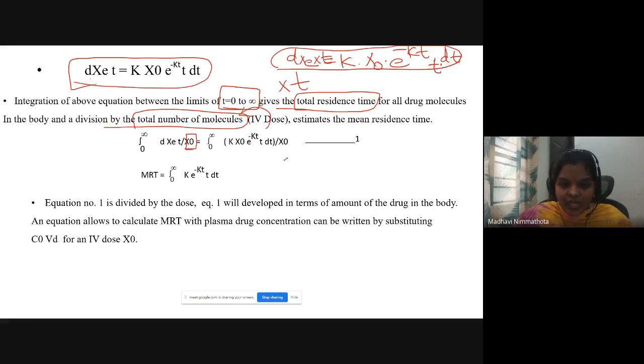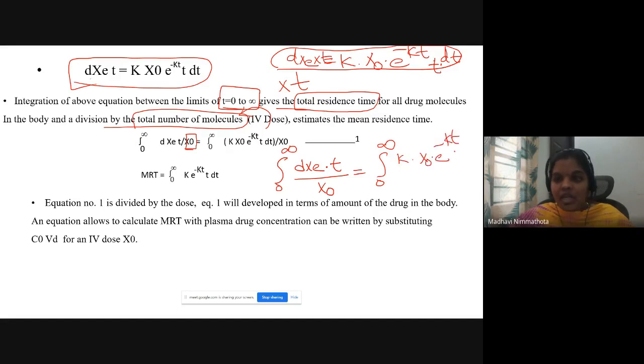So the integration from 0 to infinity of dXe into t, divided by X naught, equals the integration from 0 to infinity of k into X naught into e to the power of minus kt into t into dt, divided by X naught. See, the equation is this.